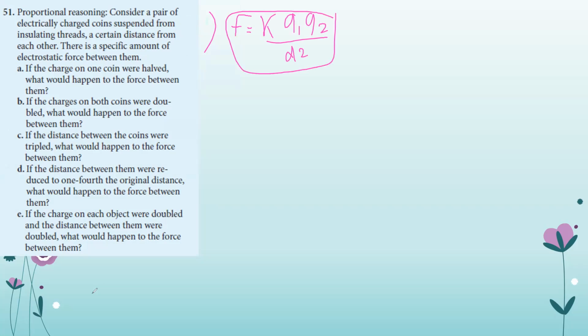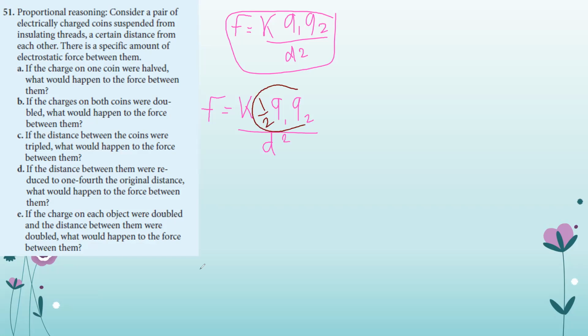Now, what happens if the magnitude of the second charge is halved? It's like F equals K Q1 Q2 over D squared, but the magnitude here is half. What will happen with the magnitude of the force? It will be doubled. Doubled? Look at the relation.